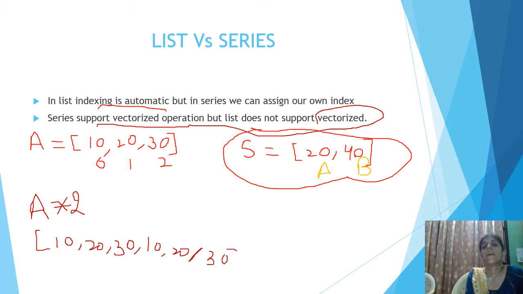But if we apply this multiply by 2 with the series, then the 2 is multiplied with each element. It means vectorized operation, the operation which is performed on each element.